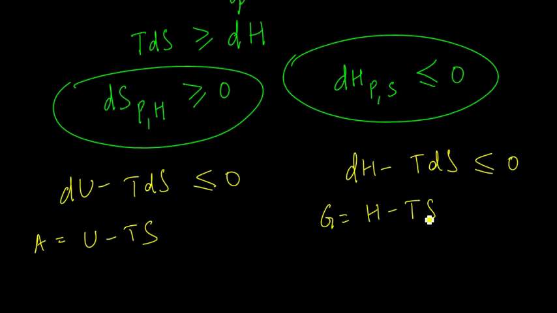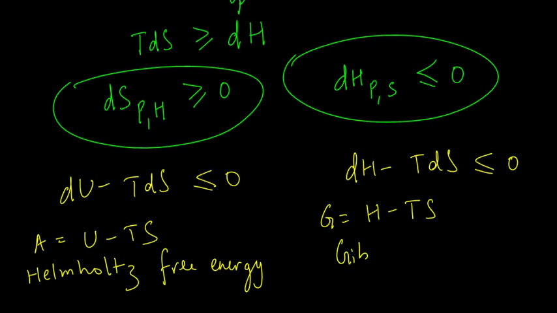Two functions. This fellow A is called the Helmholtz free energy, and this fellow is Gibbs free energy. Poor Helmholtz did not have a choice to keep H his own name, huh?